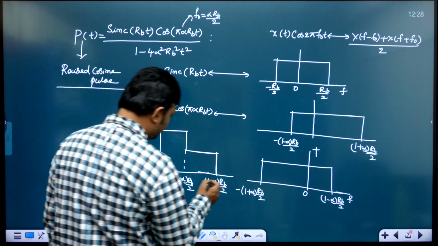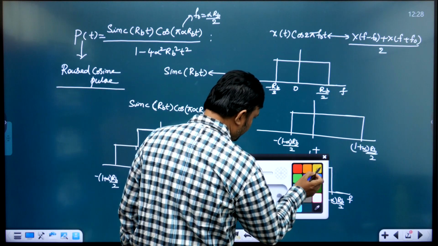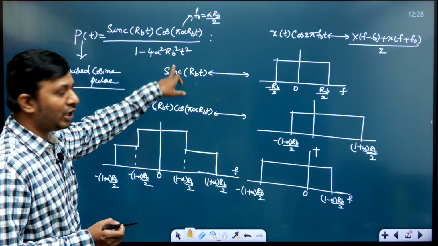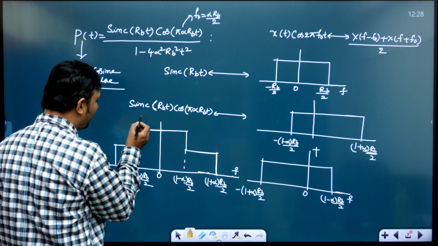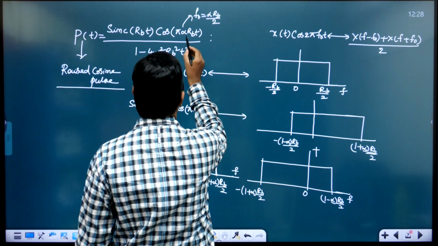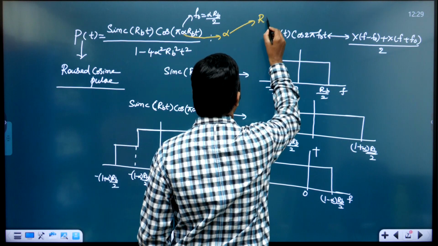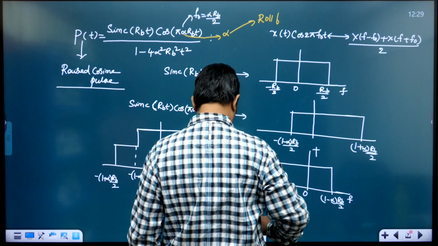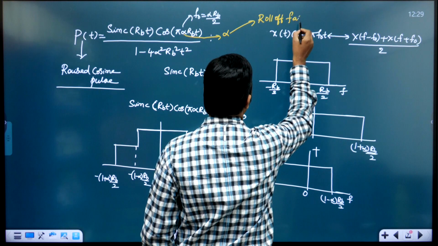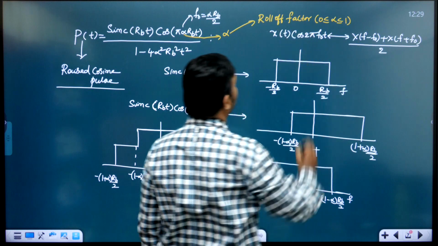Here, I have only considered the numerator; if I include the denominator I am not going into specifics, but its inclusion matters. And here I forgot one thing: alpha is what is known as the roll-off factor, whose values lie between 0 and 1.